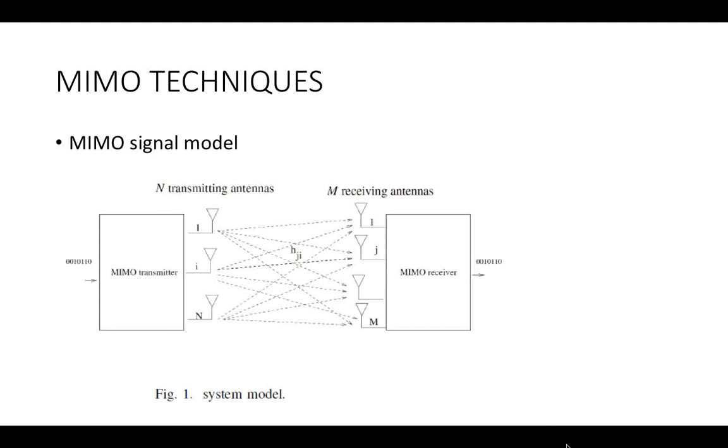One popular example of such a system is V-BLAST, where full spatial diversity is usually not achieved. Finally, the third type employs knowledge of the channel at the transmitter. It decomposes the channel coefficient matrix using singular value decomposition and uses the decomposed unitary matrices as pre- and post-filters at the transmitter and receiver to achieve near capacity.